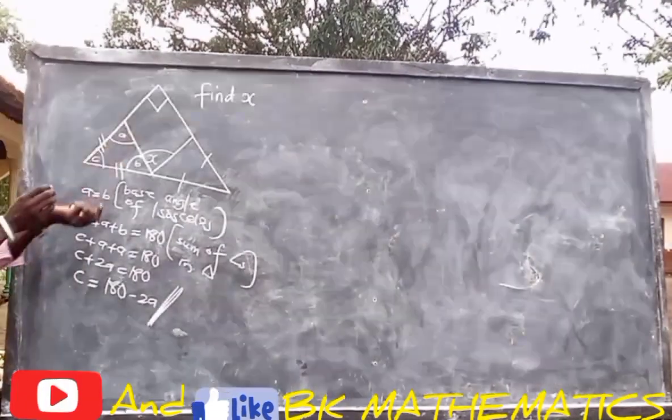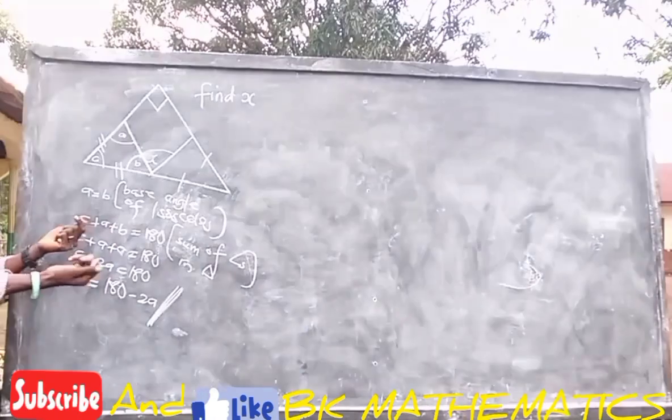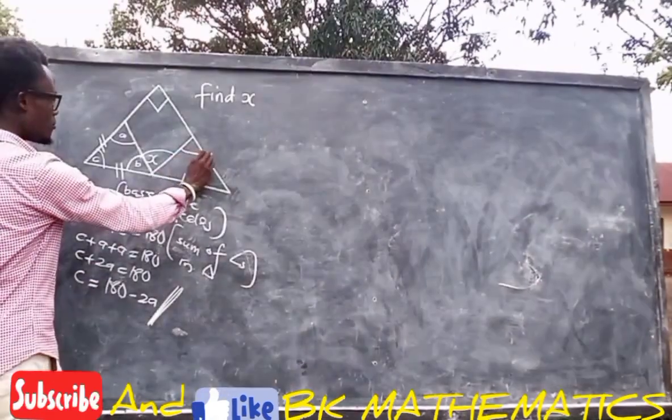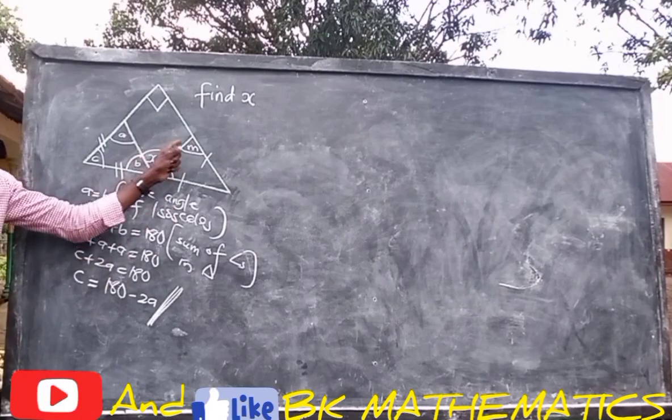Now, similarly, let's look at this other point. This is also an isosceles triangle. If this is M, we can also say this is N. We know M and N are equal.